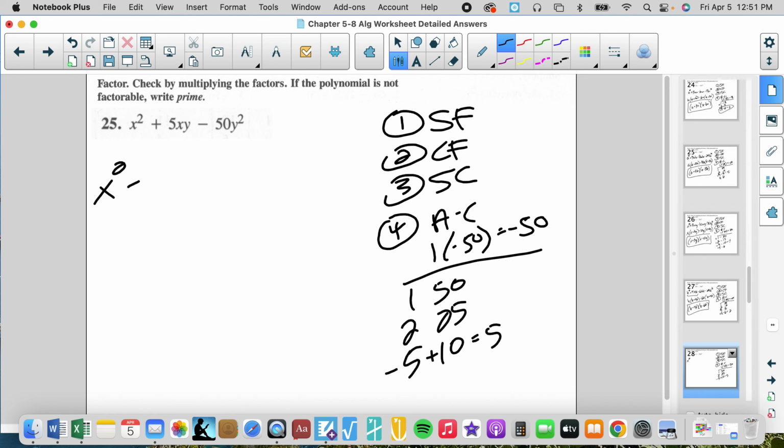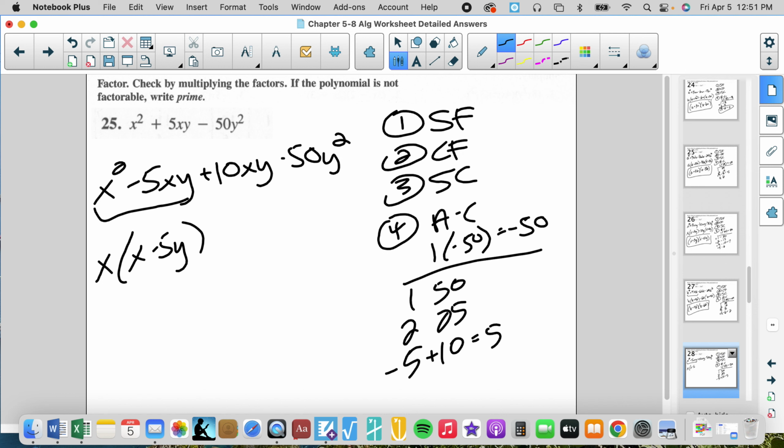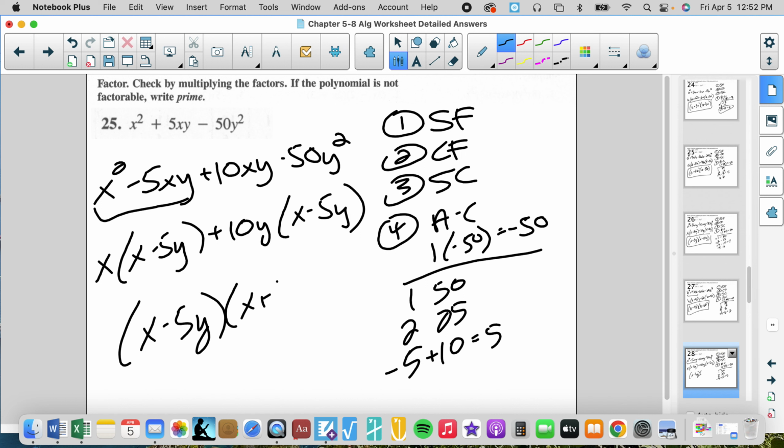X squared minus 5xy plus 10xy minus 50y squared. Factor out an x minus 5y. Factor out a 10y. You get x minus 5y times x plus 10y. Notice the signs of the binomial are different.